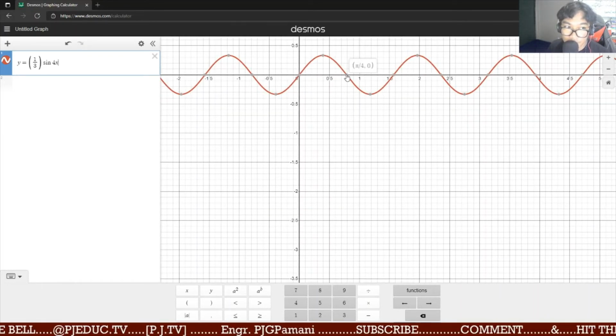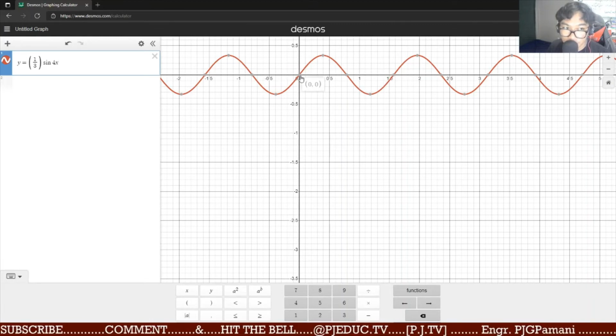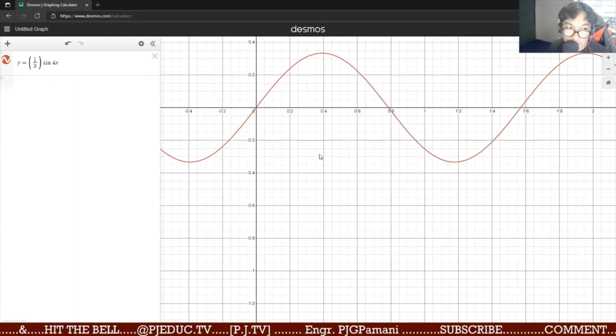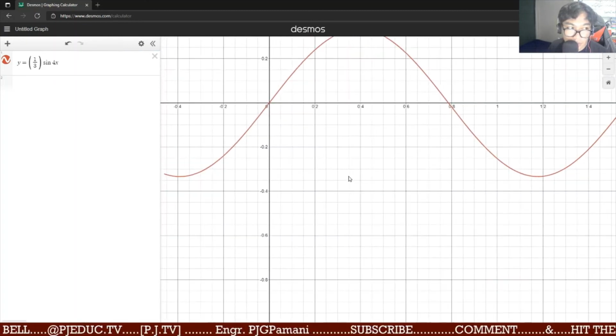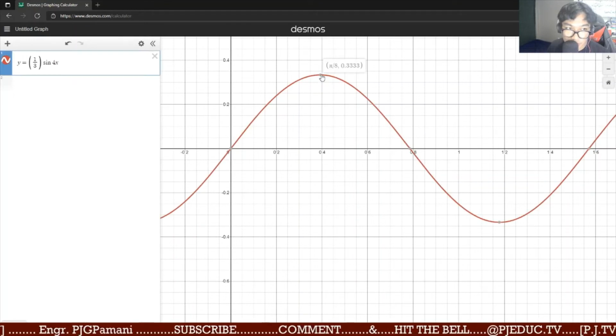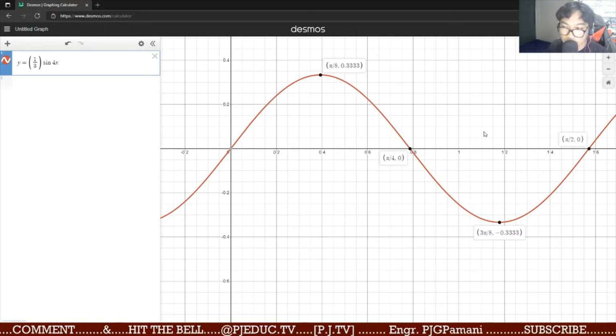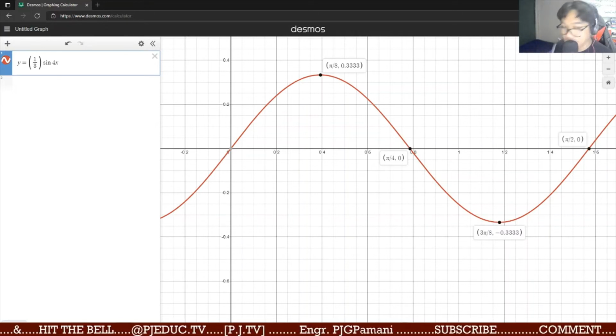So, pi over 4, pi over 8, 3/8 of pi, pi over 2. So, one complete wave. It is one period. One complete wave. Pi over 8, pi over 4, 3/8 pi, and pi over 2. Tama yung ating curve. Okay?